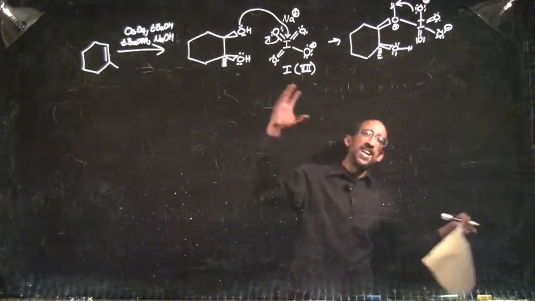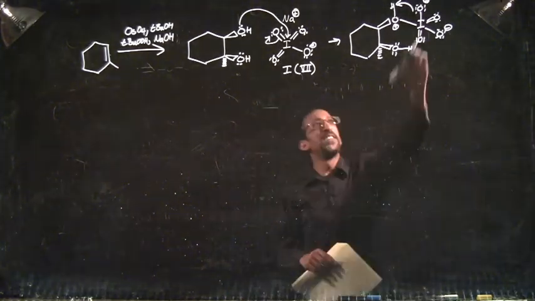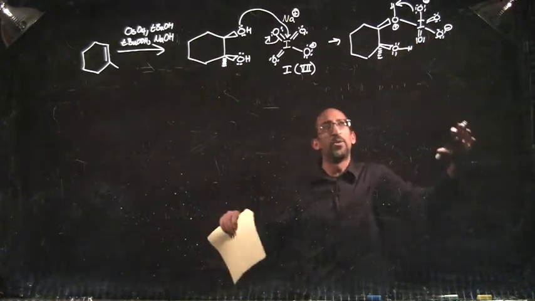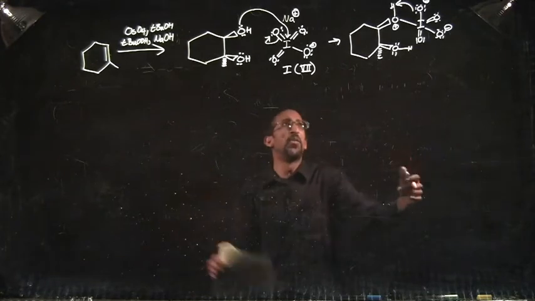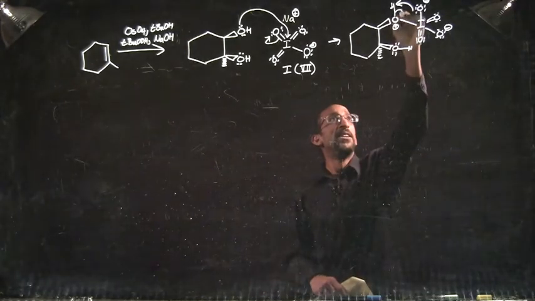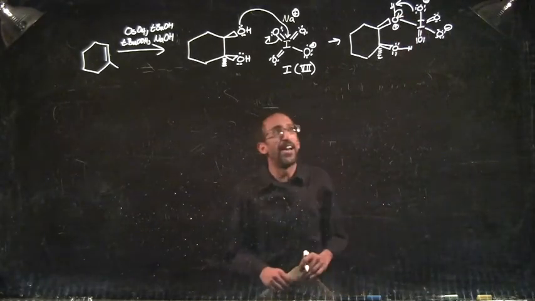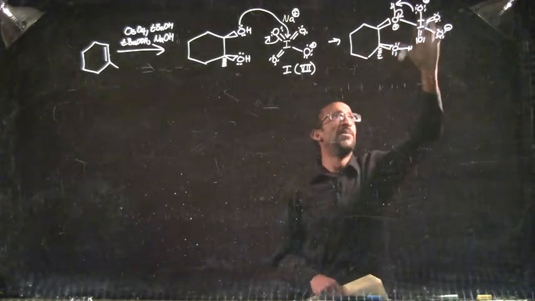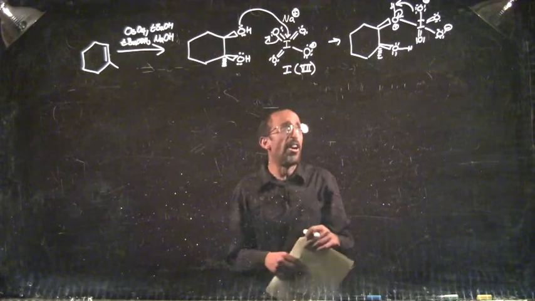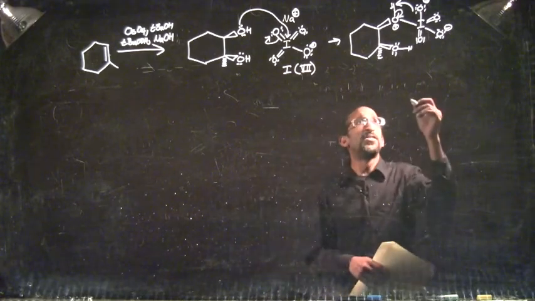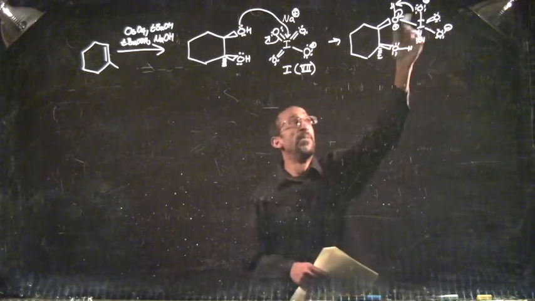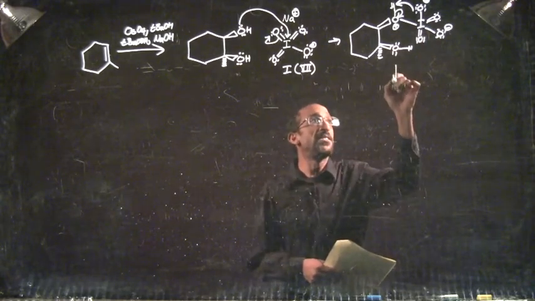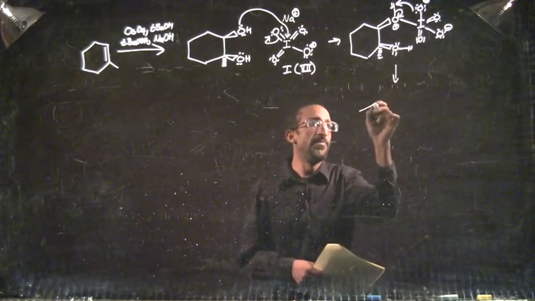But luckily, iodine is just big enough, and this oxygen is pretty far away from that iodine, that we can actually have this 4-membered state to go ahead and deprotonate that oxonium. That hydrogen gets transferred from the alcohol oxygen onto our iodine oxygen. We are still at an oxidation state, though, of 7 here. All right, that's going to take us to this intermediate.